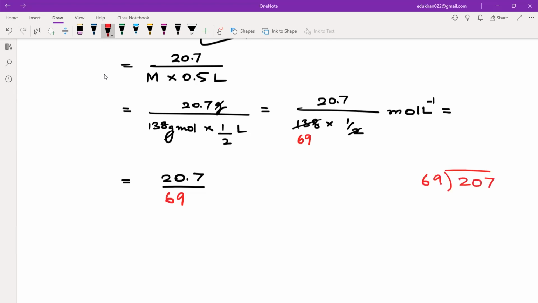Tell me what I should do. 69 and then you have 207. How much should I multiply? You have here 9, and here you have 7, right? The unit place. So tell me how should I divide it? What should I write here?